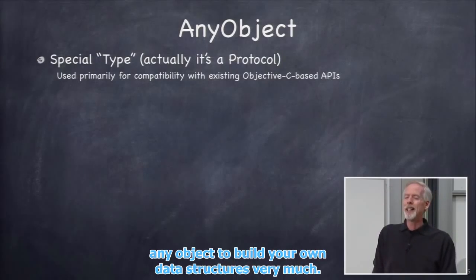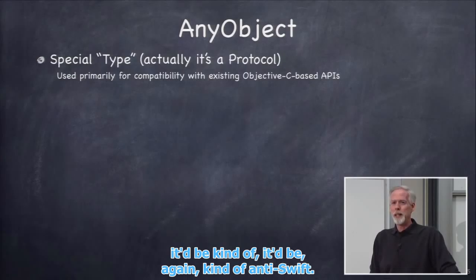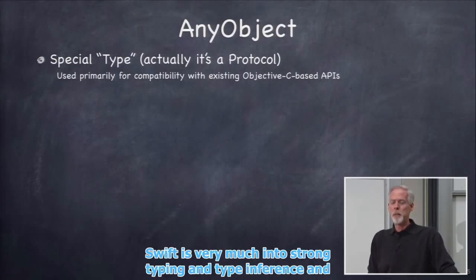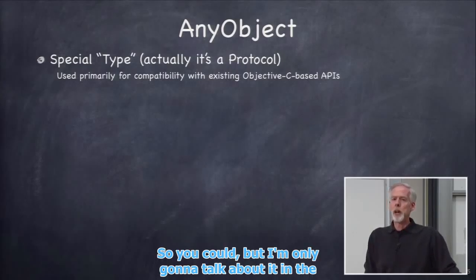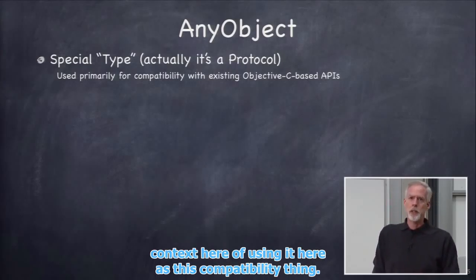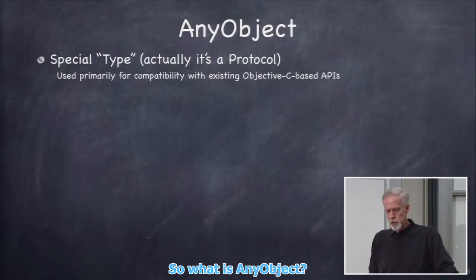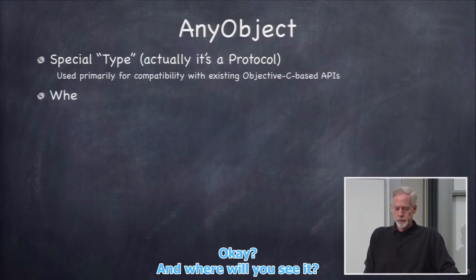You're really not going to use AnyObject to build your own data structures very much. I suppose you could, but it'd kind of be, again, kind of anti-Swift. Swift is very much into strong typing and type inference and all that. So you could, but I'm only going to talk about it in the context here of using it as this compatibility thing.